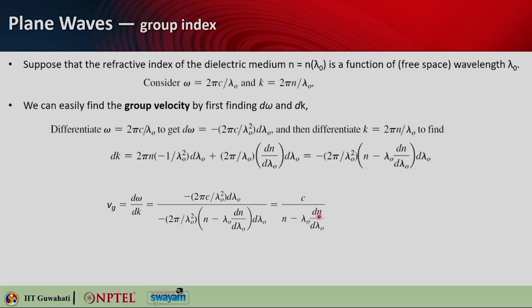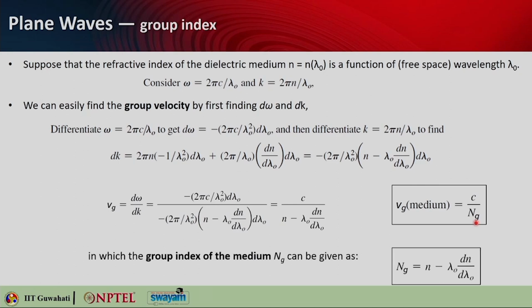So that term comes into picture. That is how you can write Vg is nothing but c over Ng, capital Ng, that is the group index. So group index belongs to a plane wave of certain frequencies traveling inside a particular dispersive media.